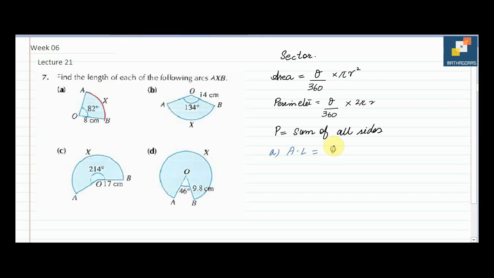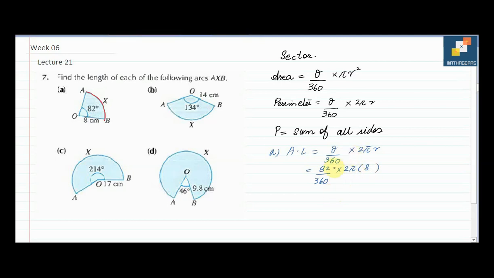So arc length is angle divided by 360 multiplied by 2 pi r, right? The value of angle given in the question is 82 degrees. So it's 82 divided by 360 multiplied by 2 pi radius. The value of r is 8, and that is the working formula.